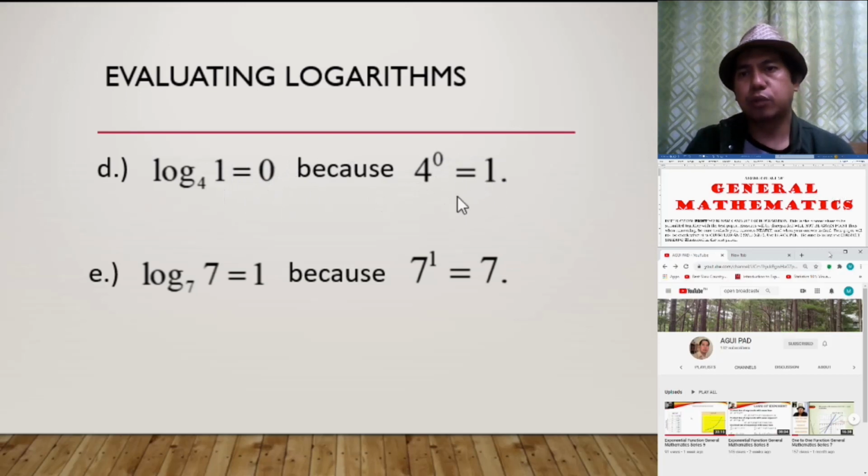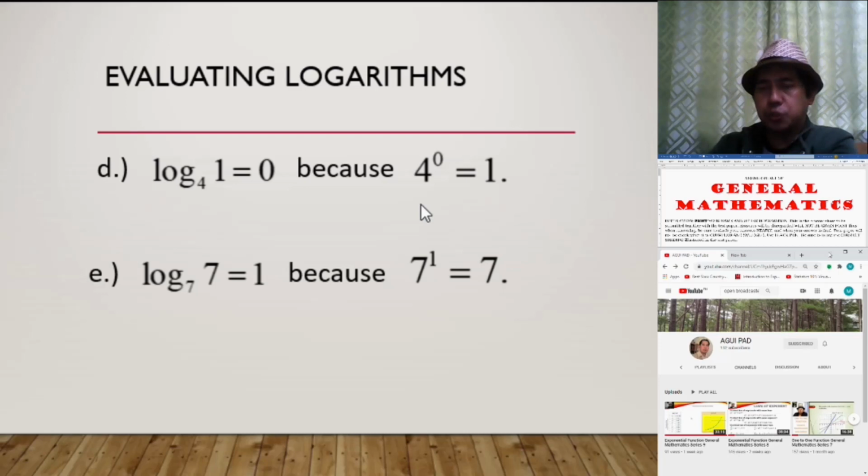So you will notice 4 raised to 0 is 1. In here again, we have the application of one of the properties of exponent, that any number raised to 0 will always give a result of 1. I repeat, any number raised to 0 will always be 1.